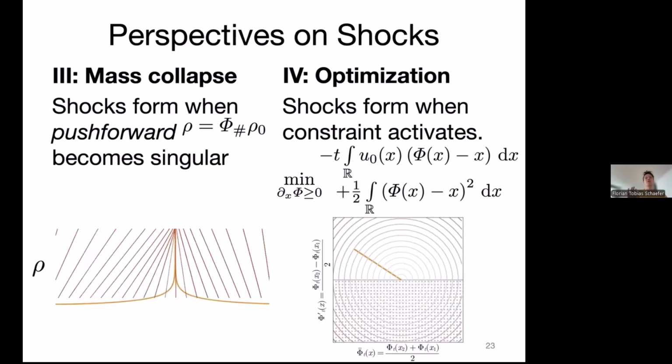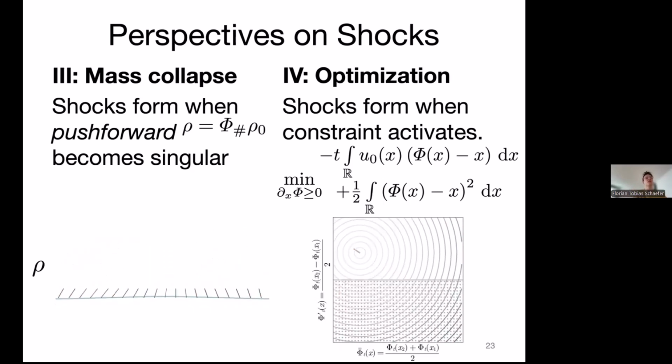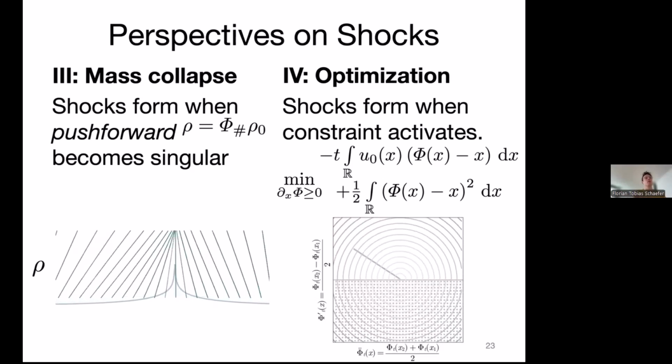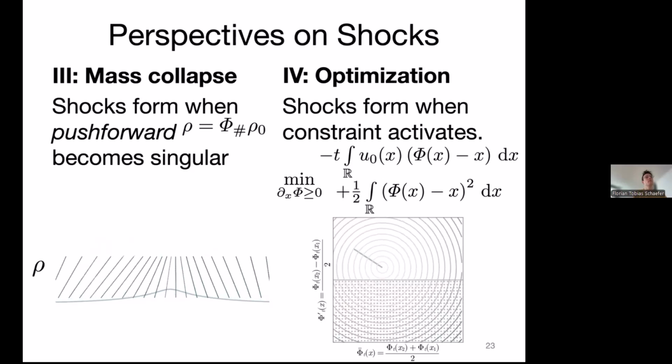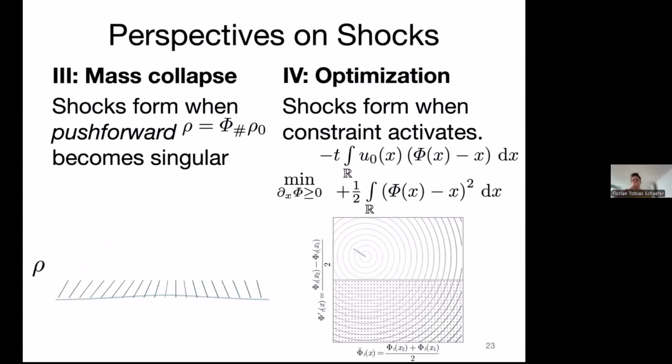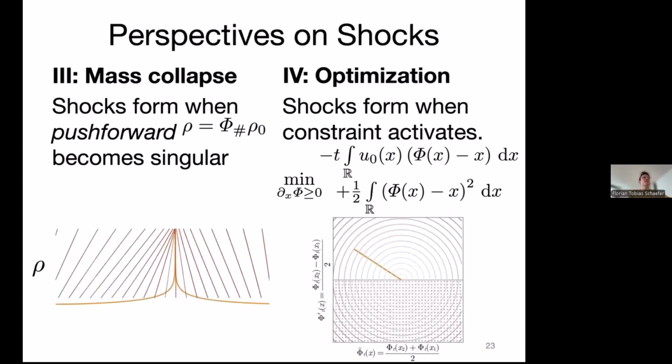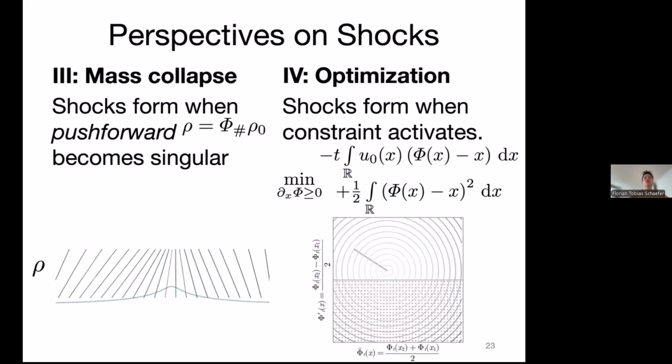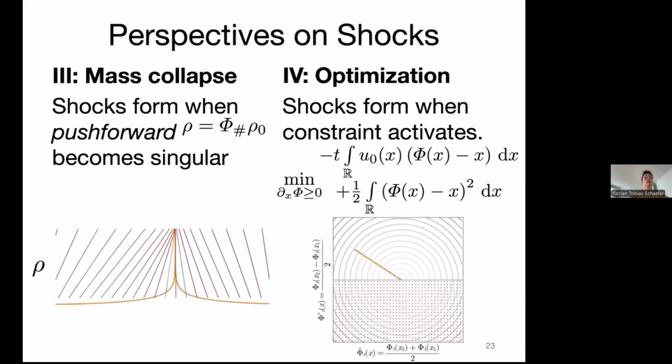So we start getting a different result because of this additional constraint than we would get in the unconstrained problem. Okay, so we have these four perspectives now on looking at this phi and what happens to it when shocks form.